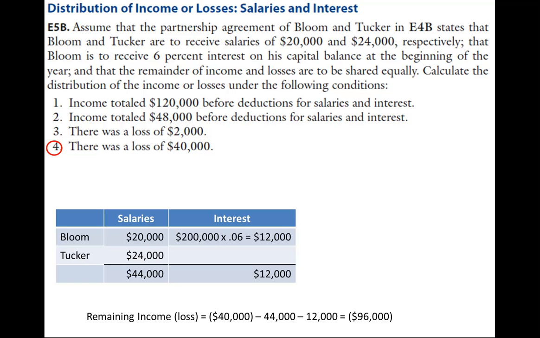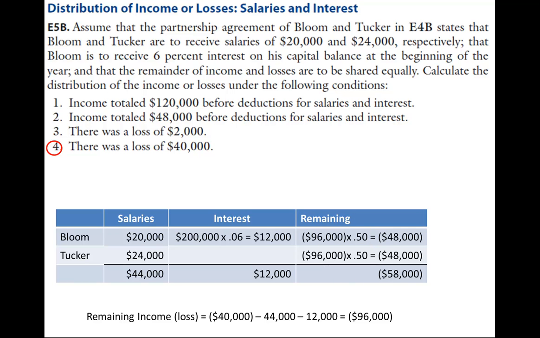So for the next step, we take the $96,000 and spread it evenly among the two partners. So when that's all said and done, Bloom will have to account for a $16,000 loss, which will be taken out of his capital account, and Tucker will have to account for the $24,000 loss, which will be taken out of his capital account.